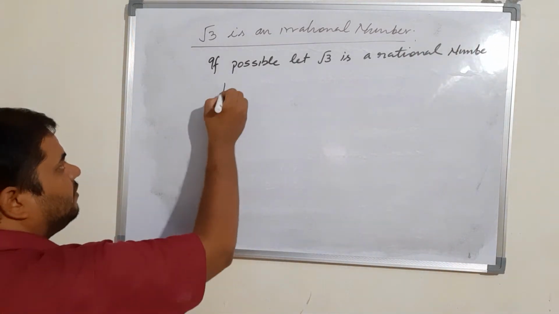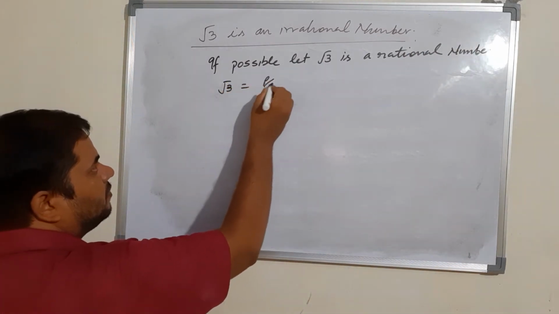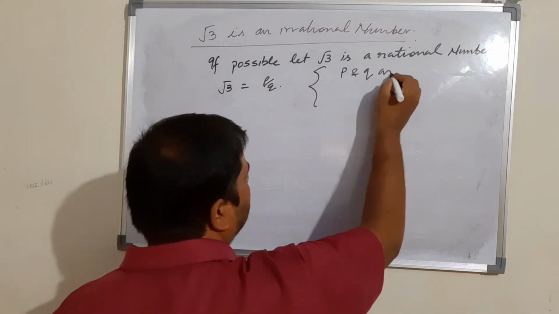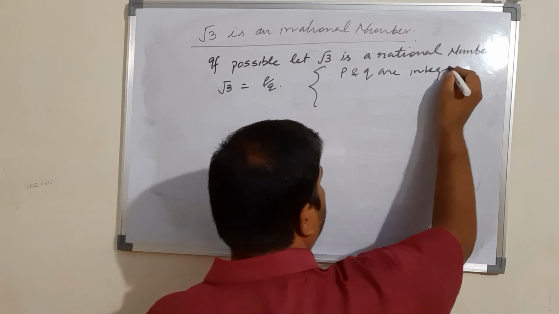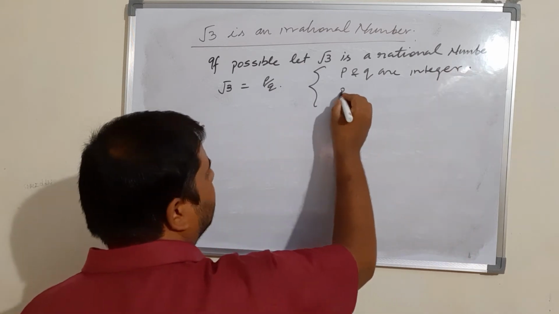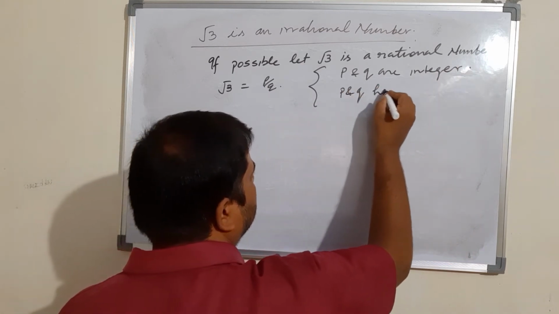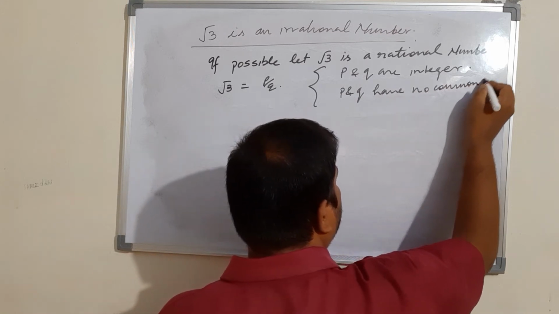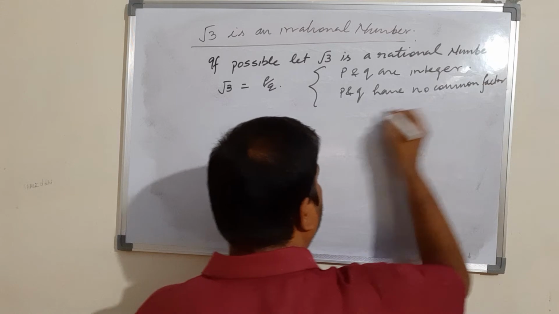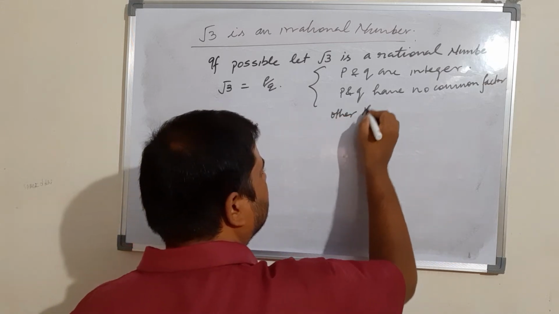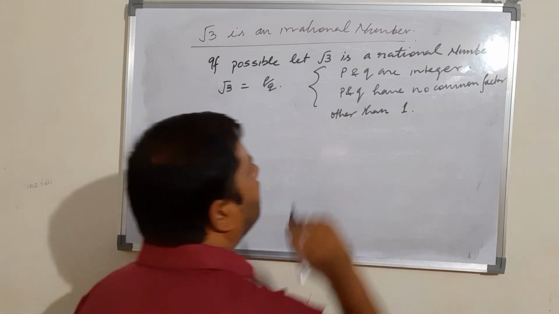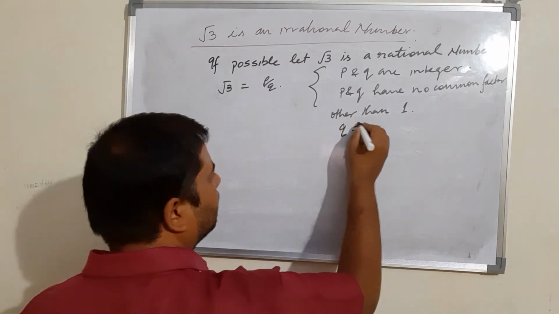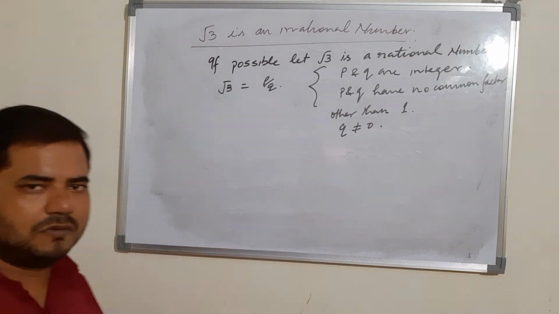So root 3 can be written as P by Q, and the same thing, P and Q are integers. P and Q have no common factor other than 1. Okay, and Q does not equal 0.